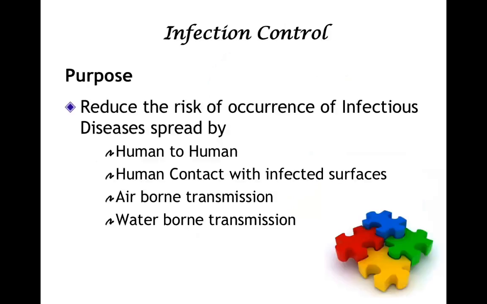Infection control is important. We will have a detailed lecture on this infection control in the time to come. The purpose is to reduce the risk of occurrence of infectious disease spread by human to human contact with infected surfaces, airborne transmission, or waterborne transmission.